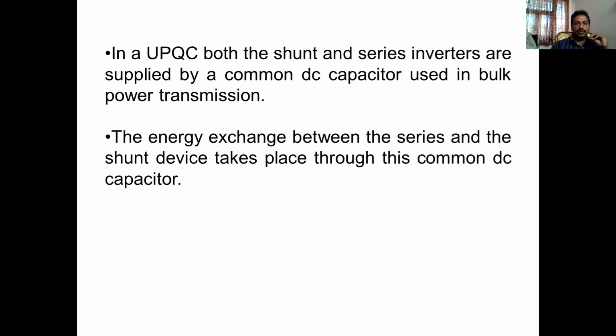That is the basic principle. Whether the transfer is from shunt to series or series to shunt depends on how the UPQC is placed between load and supply. Based on that, this device will be controlled.